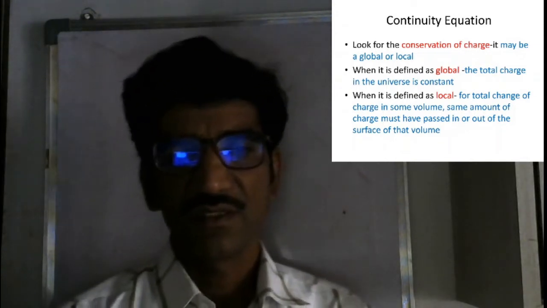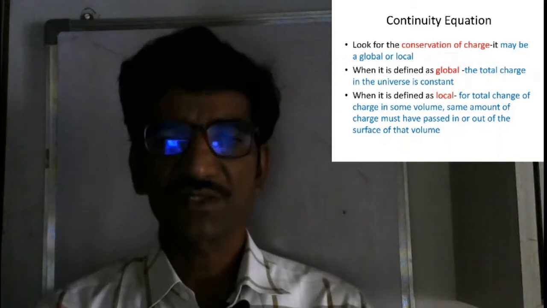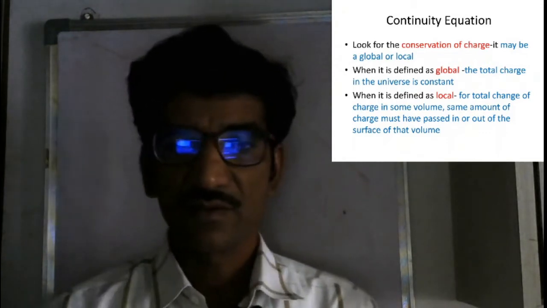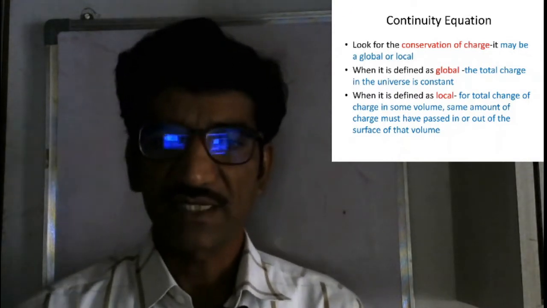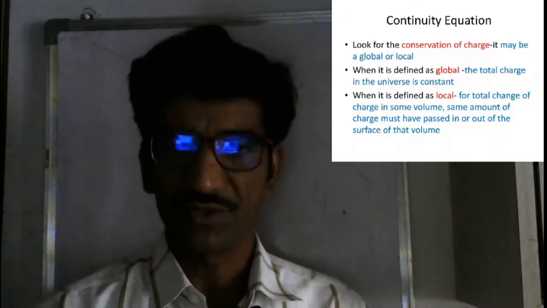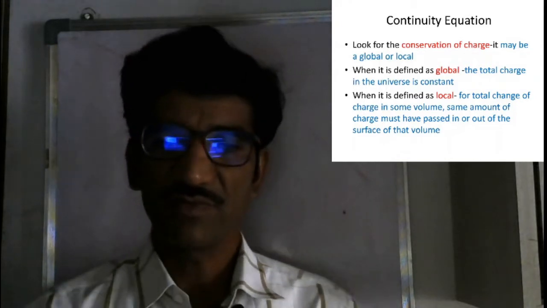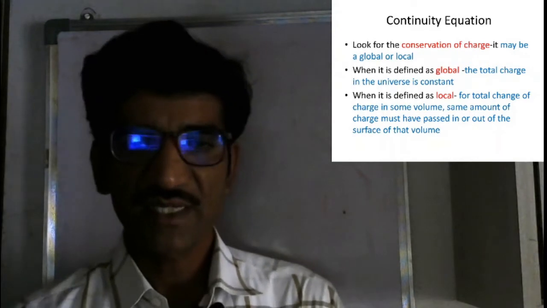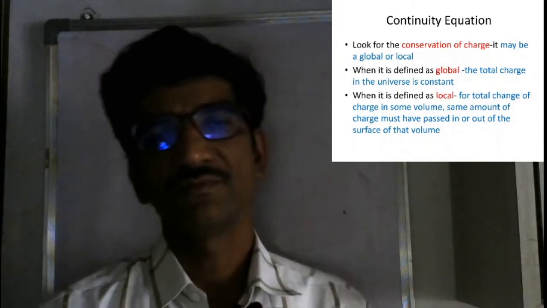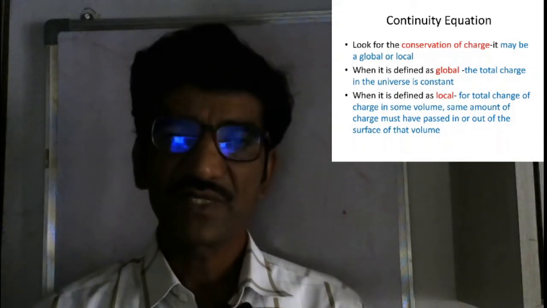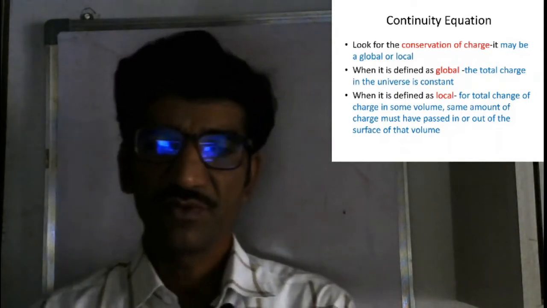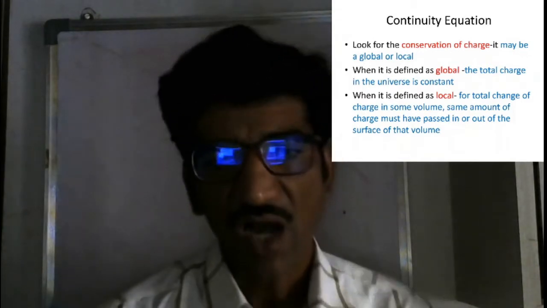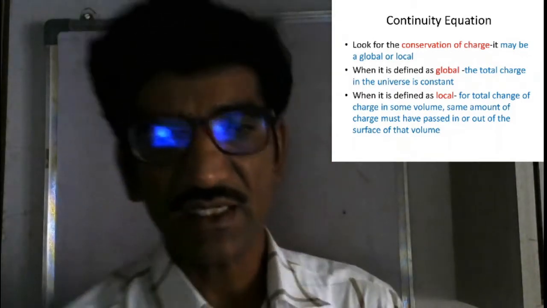That means the decrease in the charge in this particular volume is equal to the charge that went outside of that particular volume. That means charge transfer between this volume and the space. Whatever the decrease that is resulting in the volume, that much charge is crossing out from the surface of this particular volume.